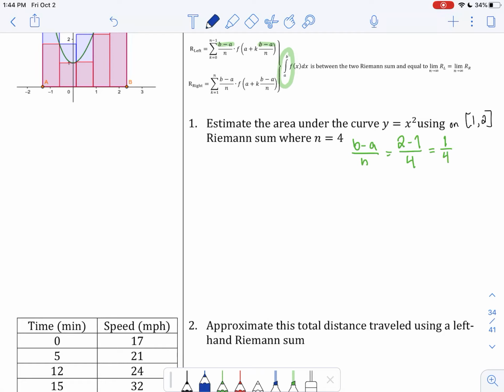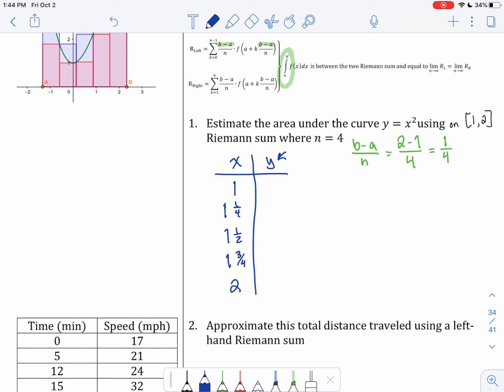So in order to find the values of the function, I'm just going to make a little table here where I have my x values and my y values, and those are the ones that you use as your height. So then I start at 1, 1 1/4, not 2 yet, 1 1/2, 1 3/4, and 2.